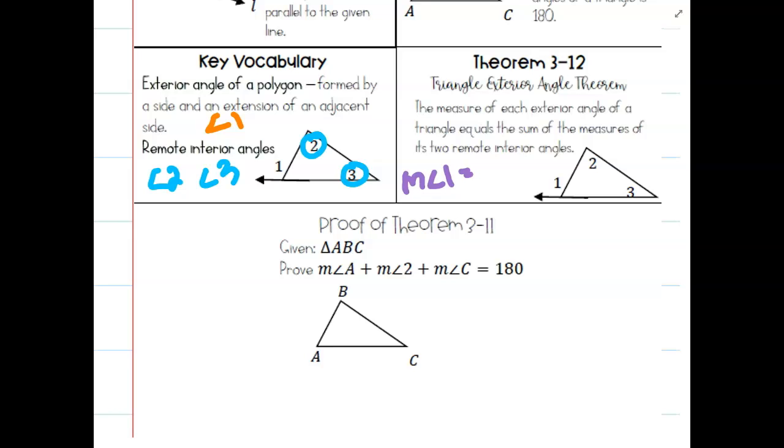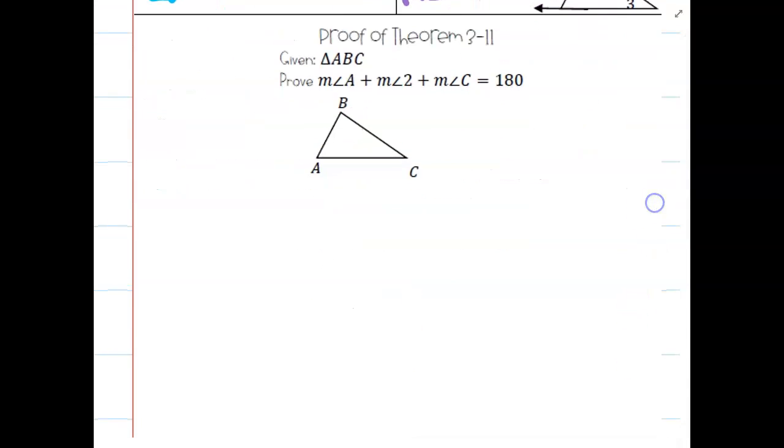So in this case, the measure of angle 1 equals the measure of angle 2 plus the measure of angle 3. So the measure of the exterior angle equals the sum of the 2 remote interior angles. Kind of interesting, okay?